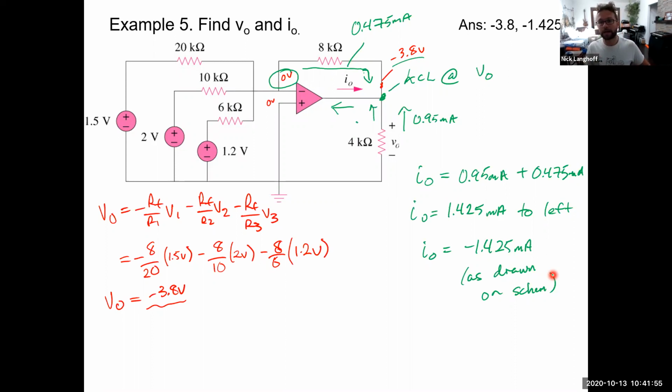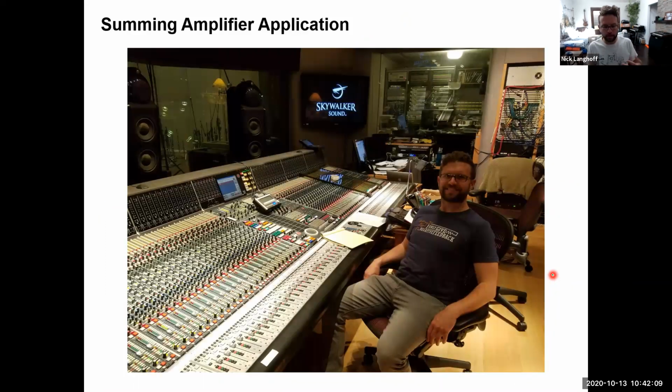Let's talk about applications. As I mentioned, there's video, radio applications, motor control, anytime you want to add two signals together. One of my favorite summing applications is a giant mixing console. There's yours truly at Skywalker Sound up in Marin at Skywalker Ranch, George Lucas's studio.